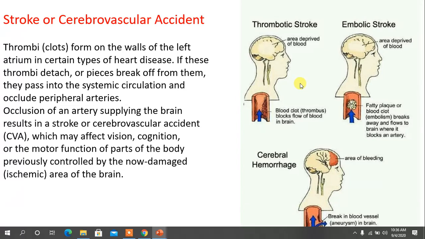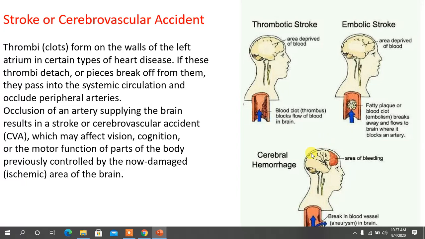It can go to any artery, but because from the ventricle the aorta, the arch of the aorta, and the common carotid arteries are very straight, there is a great chance that the dislodged clot from the thrombus can move to the brain. Here the clots can be fatty plaques or blood clots, and they break away and flow to the brain where they block an artery.